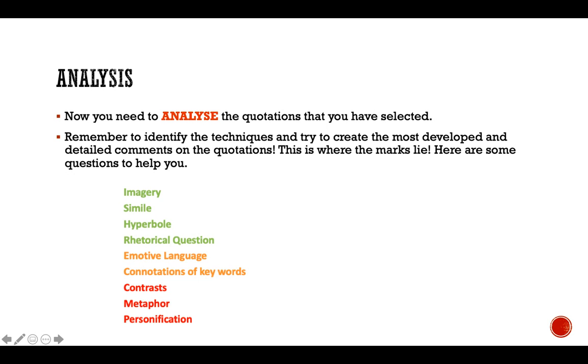We've got emotive language next, and emotive language is designed to create a particular emotional response in the reader. And then we can also look at the connotations of key words, okay? So we can look at what the associations are with a particular word. For example, in Island Man, he describes his island as an emerald, and we said, well, emeralds are precious and therefore important, and valued.